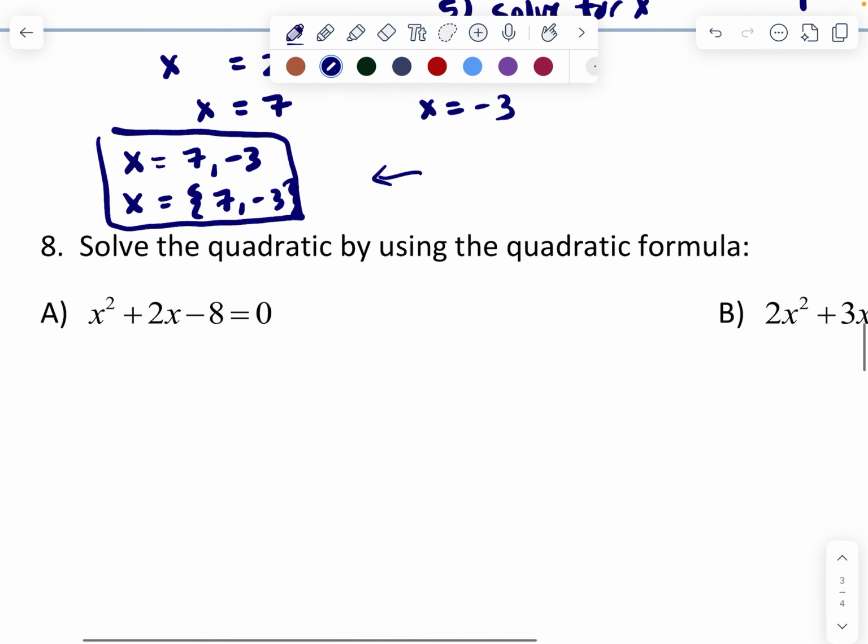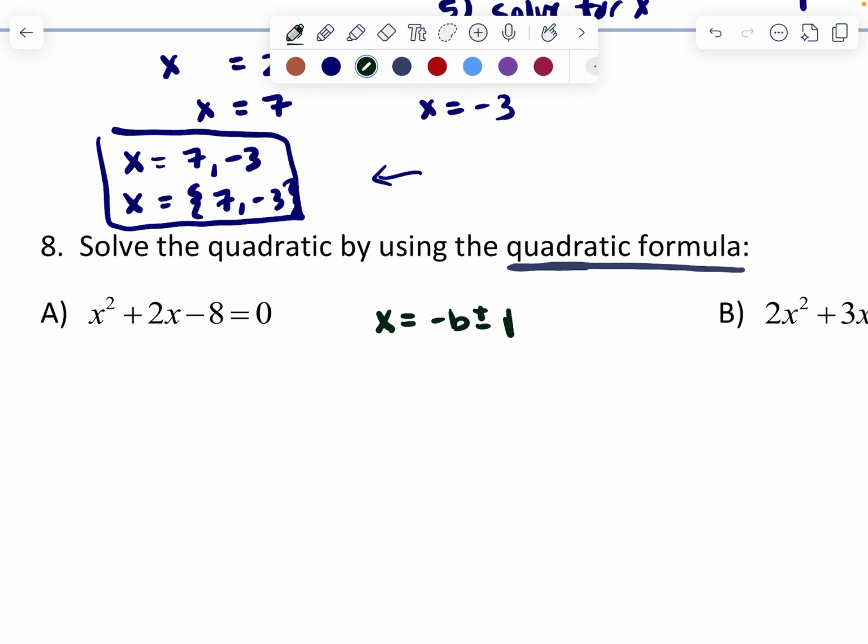On this one, if you do not know what the quadratic formula is, you're not going to be able to solve it. So let's write out the quadratic formula in the middle here, and then we're going to highlight it because this is something that you definitely need to know. So quadratic formula: x equals negative b plus or minus the square root of b squared minus 4ac, all over 2a.